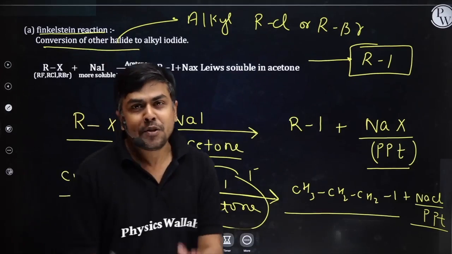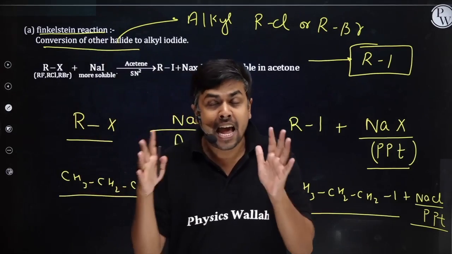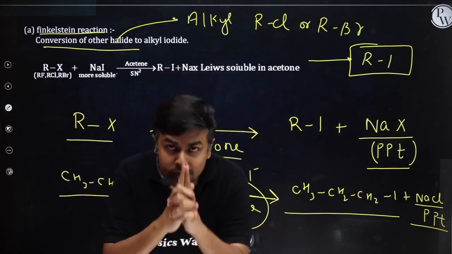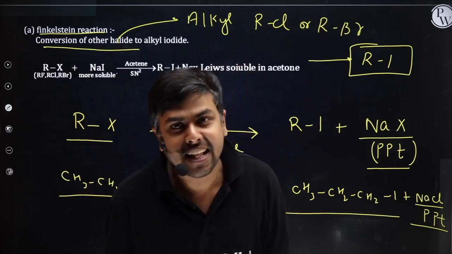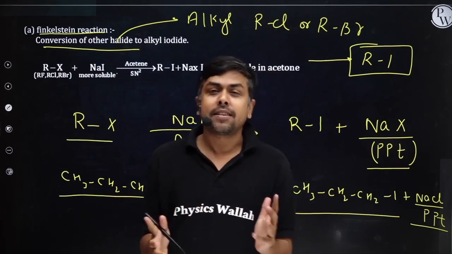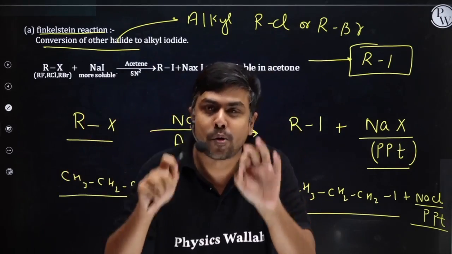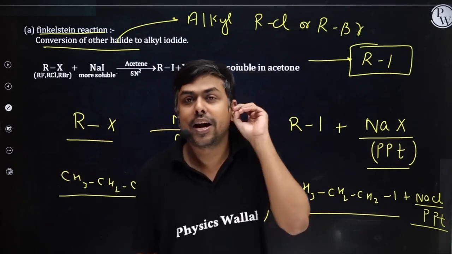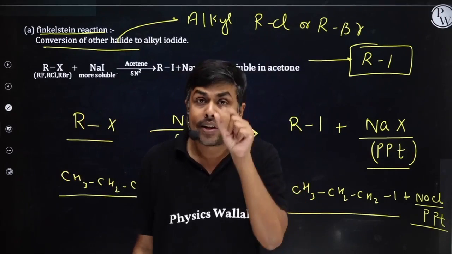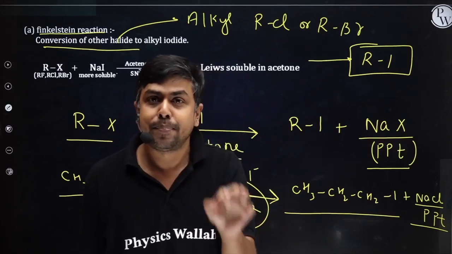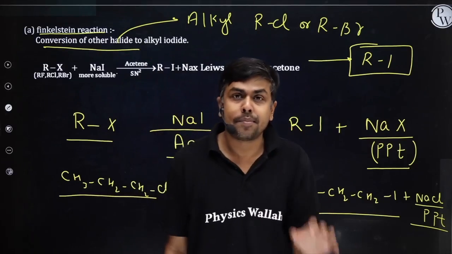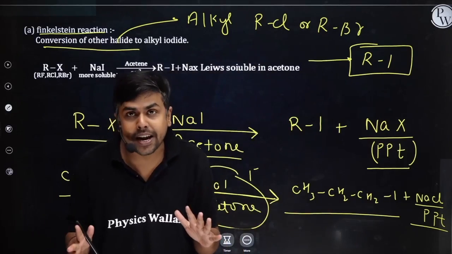Am I clear? So Finkelstein reaction is a halogen exchange reaction used for the preparation of alkyl iodide. Here we take substrate as alkyl chloride or alkyl bromide. This alkyl chloride or alkyl bromide, whenever treated with NaI in the presence of acetone, gives us alkyl iodide.